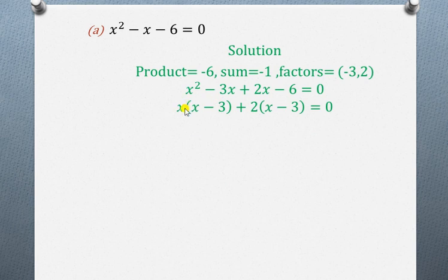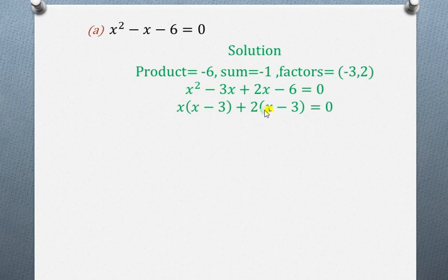The next step is now calling for factorization techniques. What do you look at? If you look at this pair of terms, the common factor is simply x. So we pull out x, and here we remain with x, here we remain with negative 3. And that is how I got this term. Then in this pair of terms, the common factor can simply be seen as positive 2.